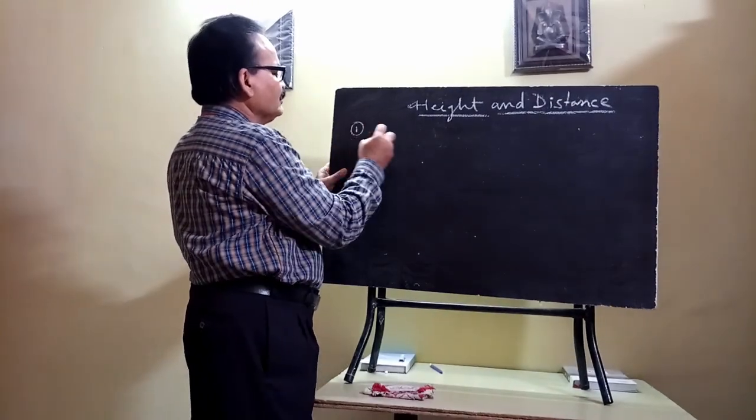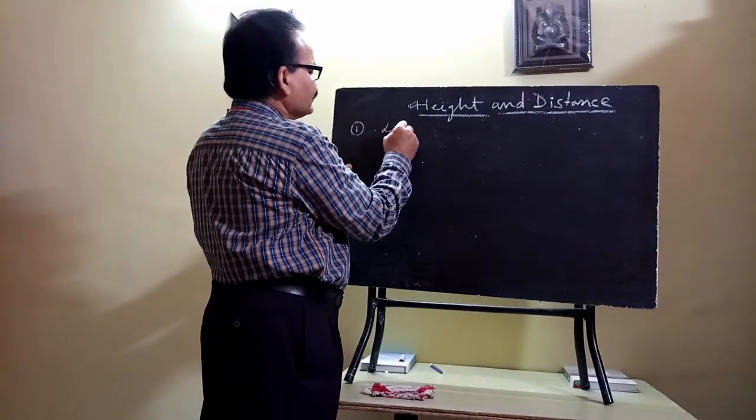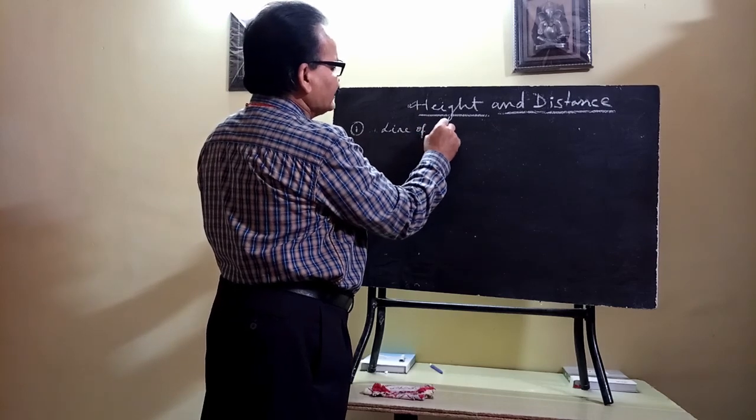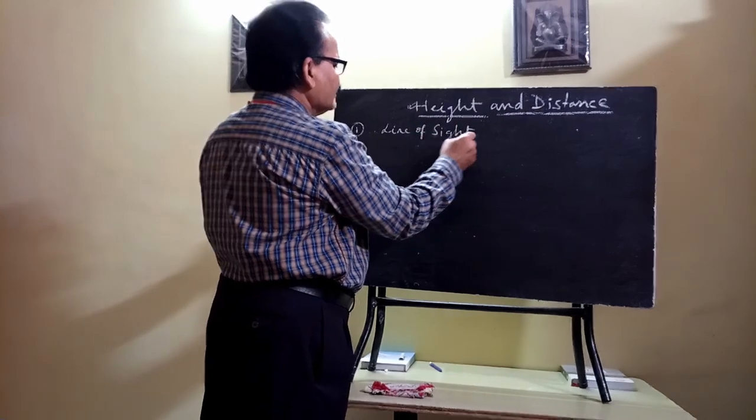Number one is the line of sight. What does it mean?